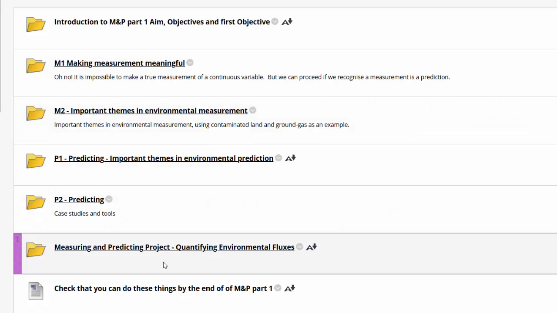The project is an example of research using these techniques, and that'll be the last thing that we do on the course. There are these items that you can check at the end, to check that you can do these things by the end of Measuring and Predicting Part 1, which is effectively the intended learning outcomes again.